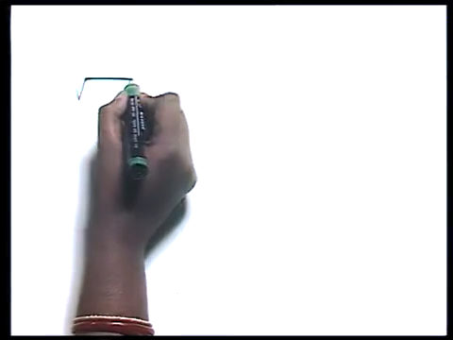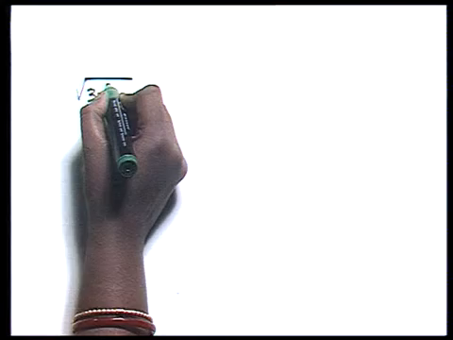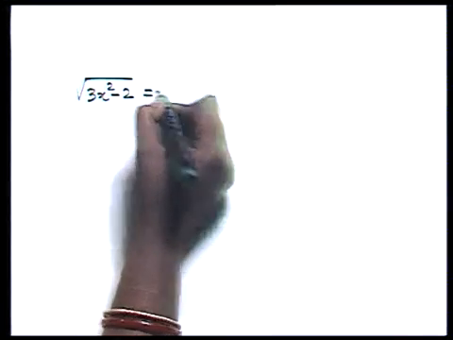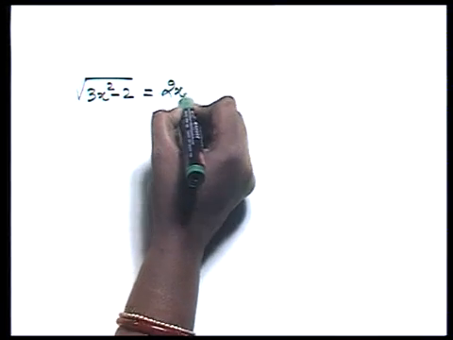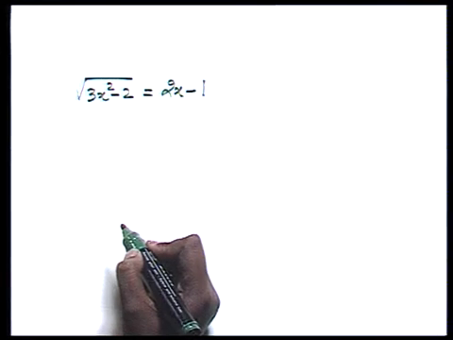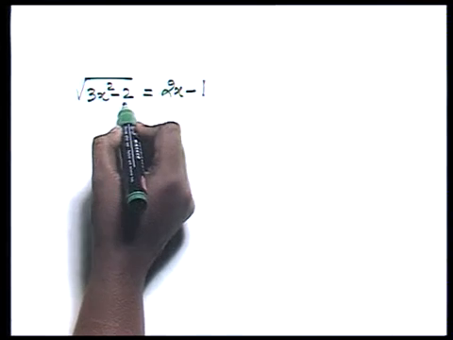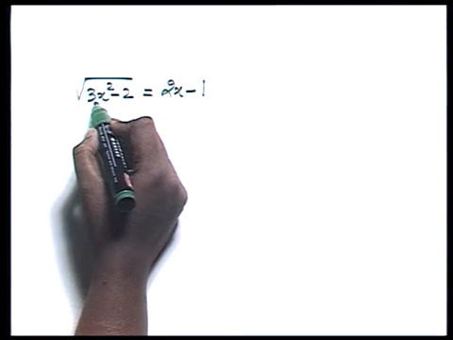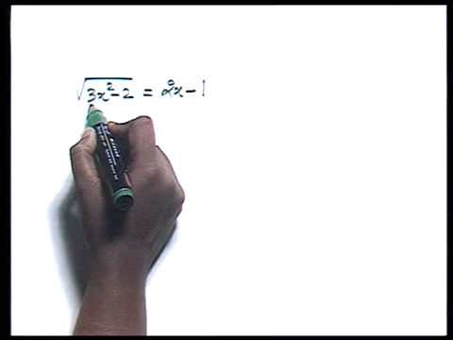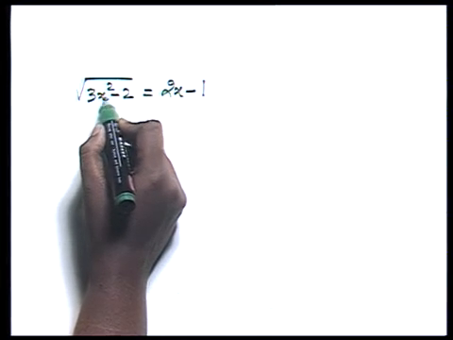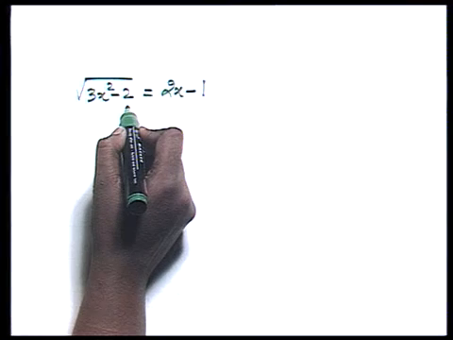Look at the equation under root 3x^2 - 2 = 2x - 1. Now look at this equation carefully. The left hand side of this equation is the positive square root of 3x^2 - 2.